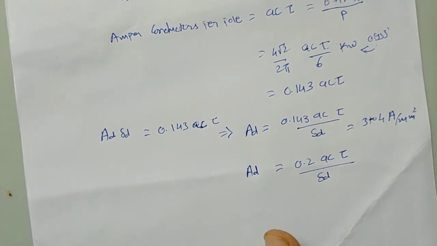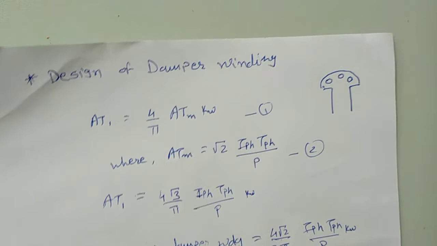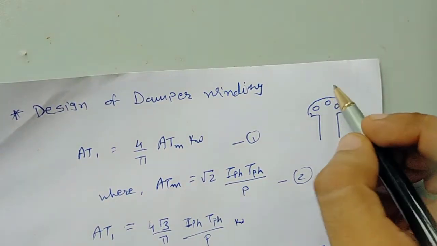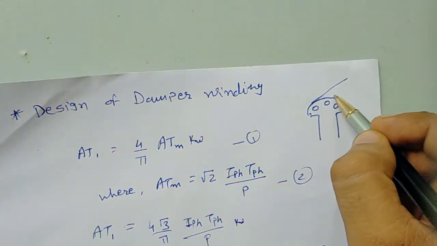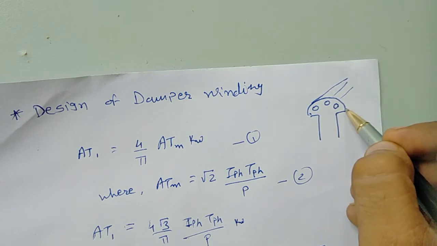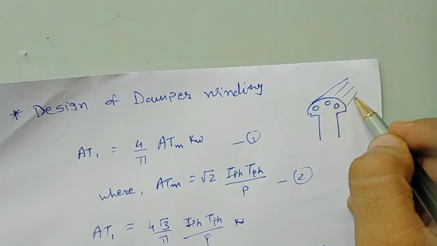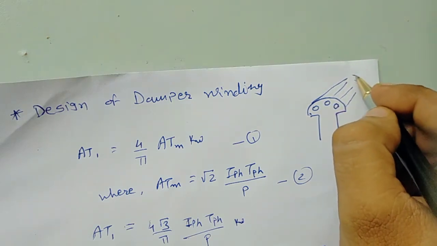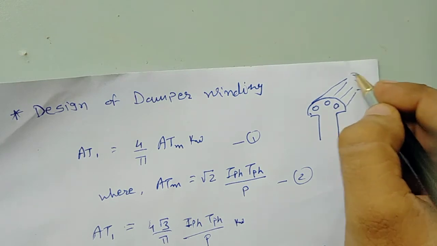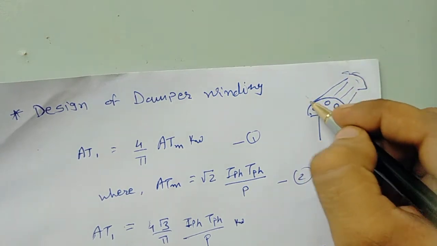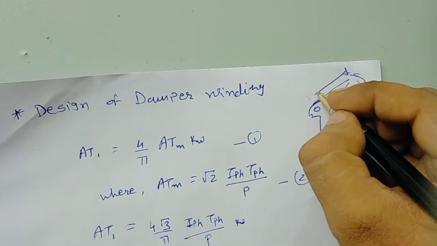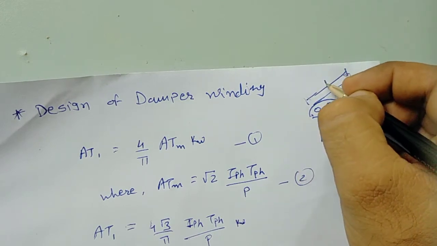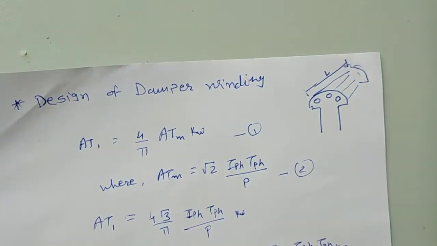If you see this figure in 3D, suppose your bar is ending over here, and this would be the length of your rotor core.